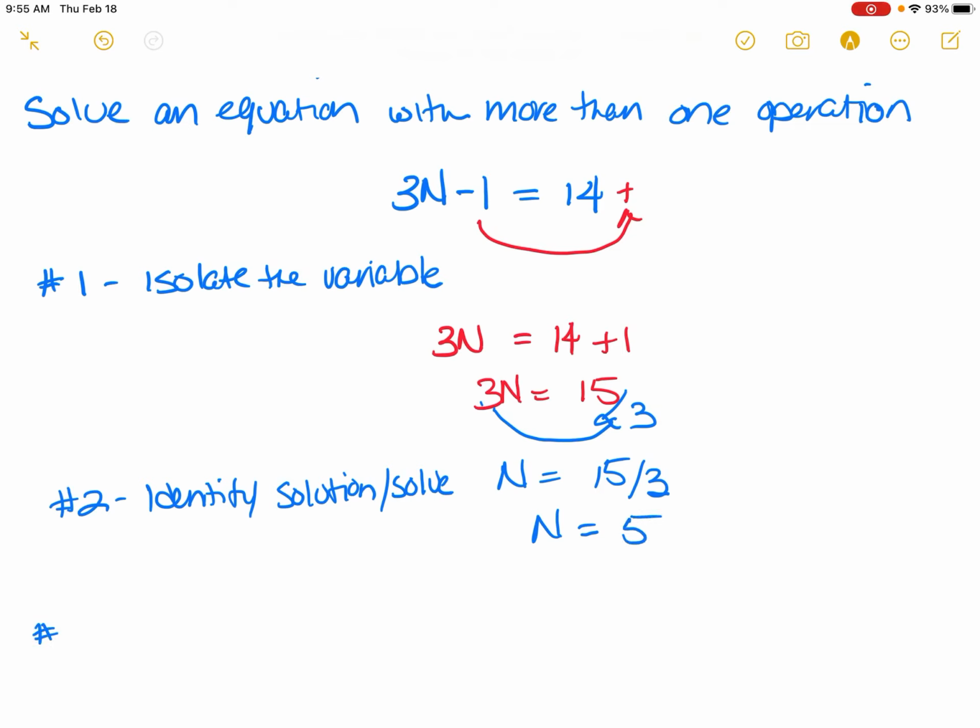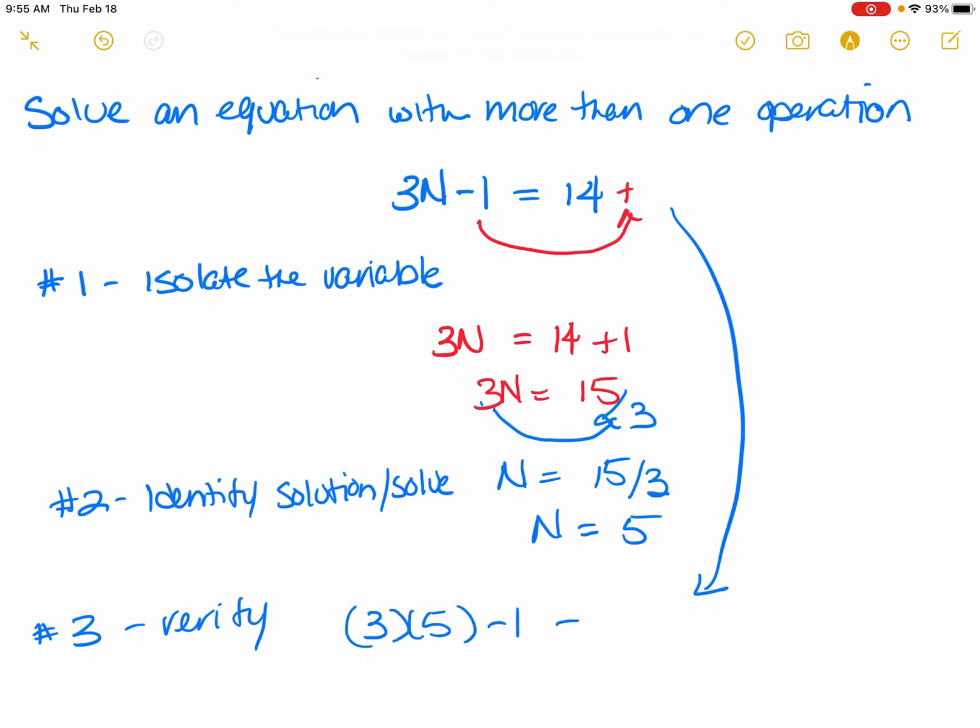And then the final thing we're going to do is verify. If we went back to our original equation, we'll just move that down here. So if we had 3 times 5 minus 1, that'd be 15 minus 1, and that'd be equal to 14.